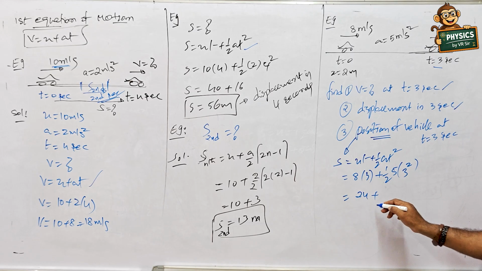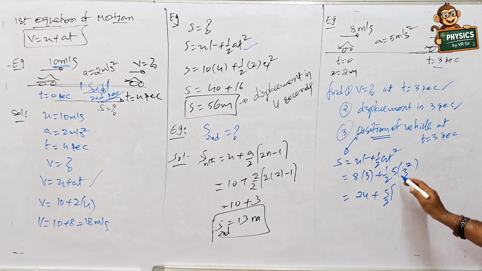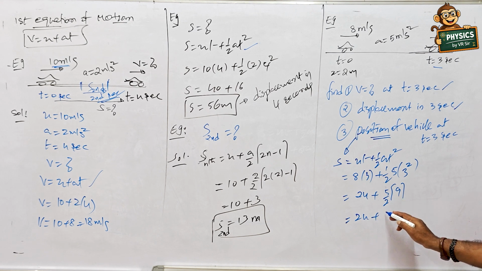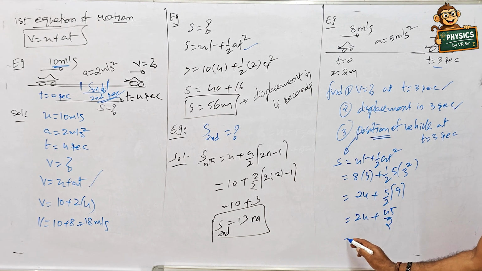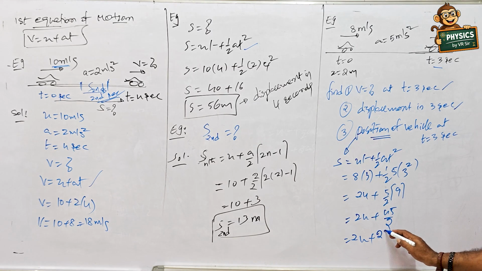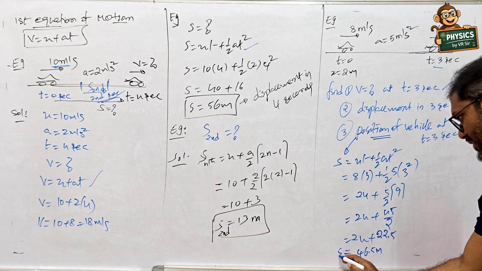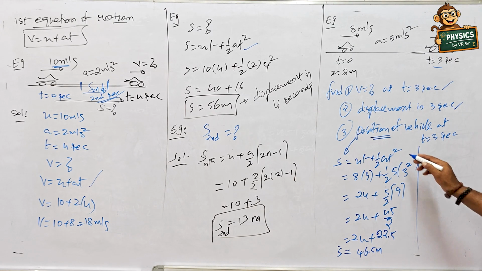So 24 plus 5 by 2 into 9. So 24 plus 45 by 2, 22.5, isn't it? This is going to give you 46.5 meters as the displacement. Now we all know displacement is 46.5.